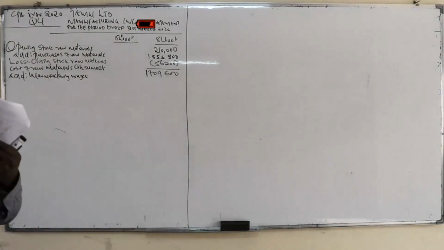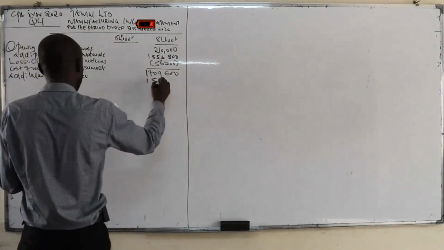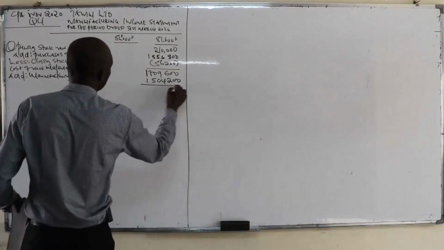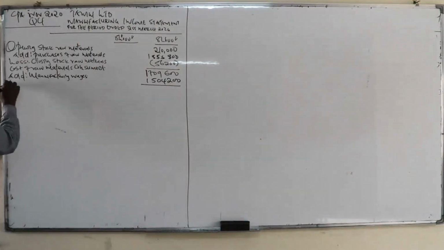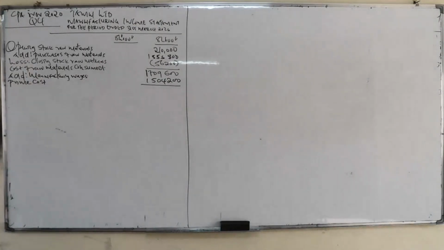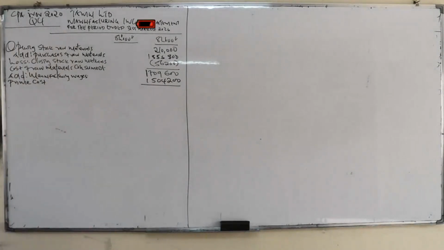So you check if there is any note that is affecting manufacturing wages. We don't have any. So the total cost of manufacturing wages is 15,04200. And now when you add this, you get the prime cost. Prime cost is the cost of material and labor. How much is it?